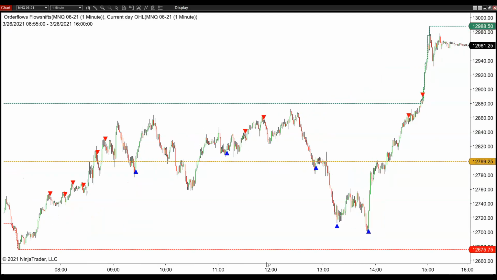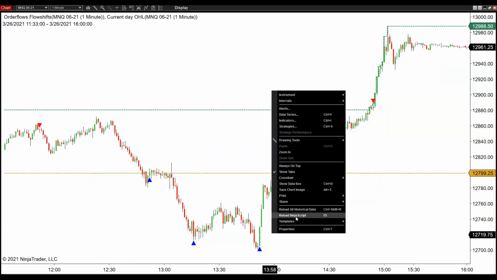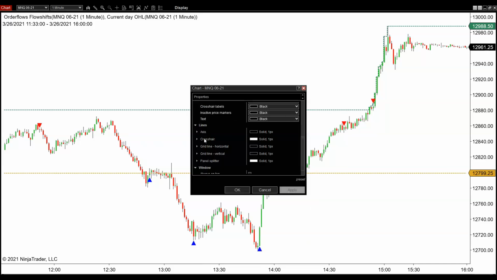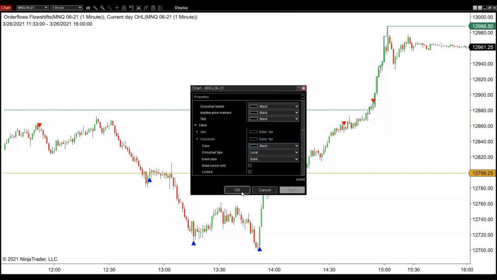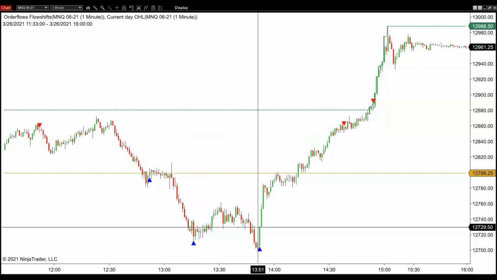I mean, look at this. For example, this bar right here on MNQ. You're talking 5.5 all the way up to 30, 30.5, 30 and a quarter, say 29.5.